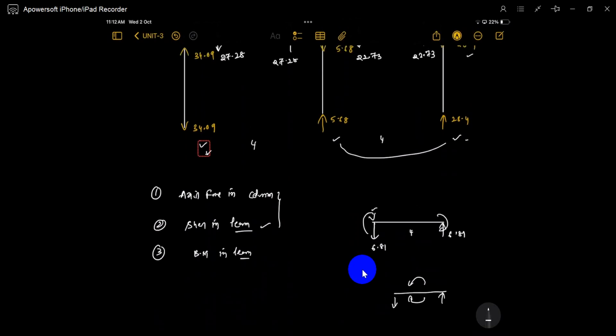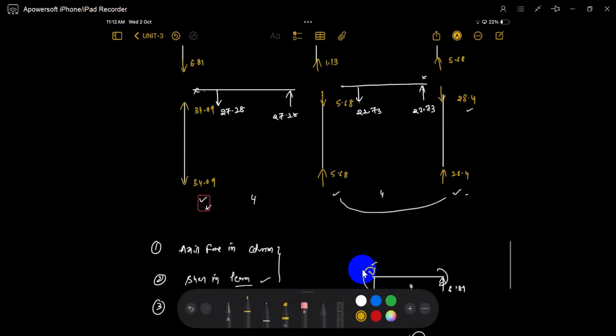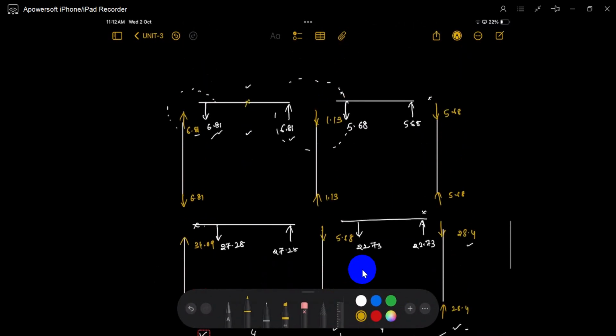Only one side is sufficient to balance, but again I will say, we assume a point of contraflexure at the center. Point of contraflexure at center means both sides have equal bending moment in the same direction.